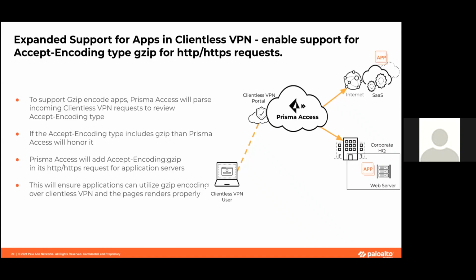The clientless VPN can determine whether to use gzip encoding based on the HTTP request from the client and the corresponding response from the app. The gzip value must be included as one of the accept encoding header values so that it is accepted by the clientless VPN. Any application using gzip encoding over clientless VPN will be able to consume this feature.